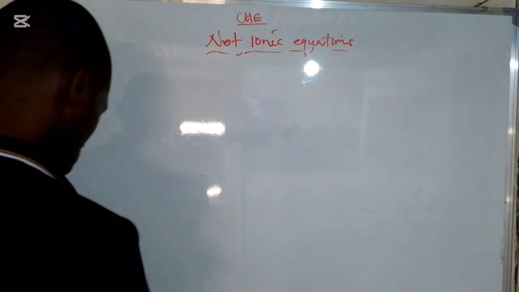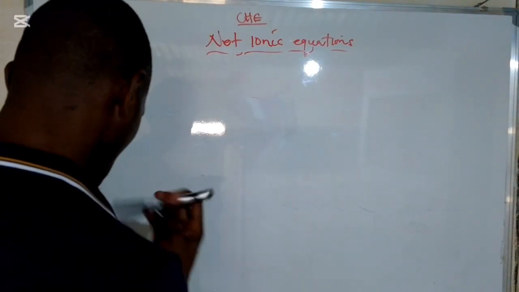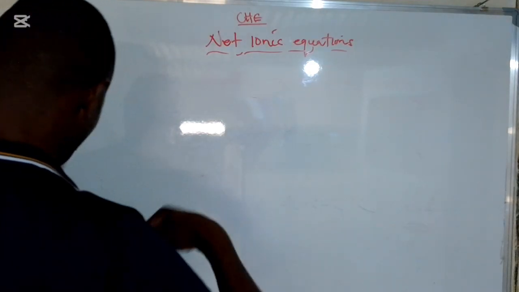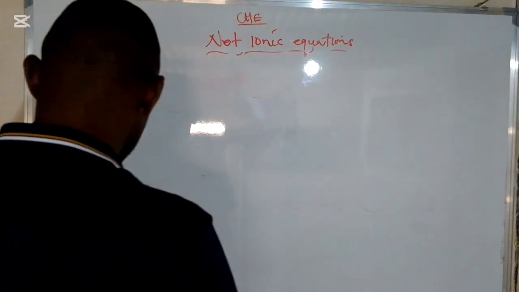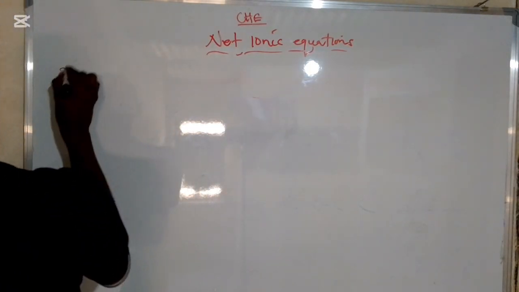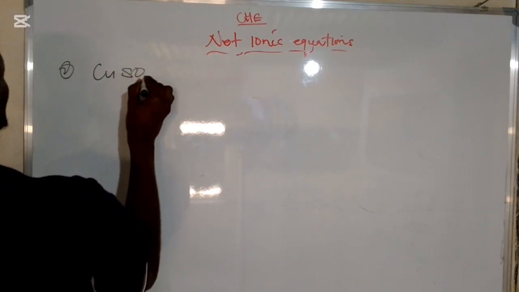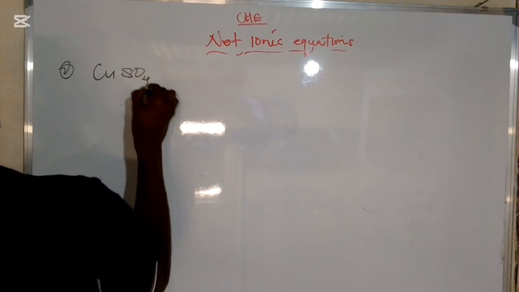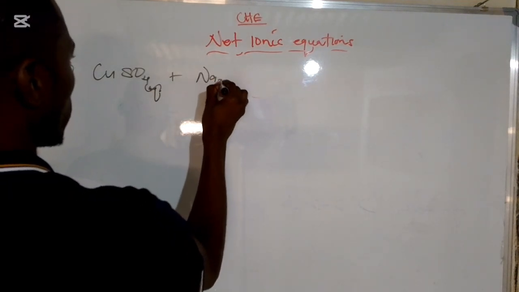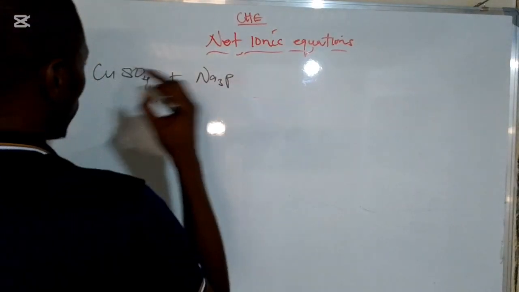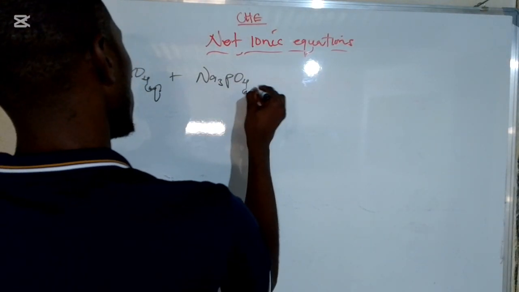Okay, so we look at this one, where we have copper sulfate, so number 2. We have copper sulfate, this is copper 2 sulfate in aqueous, plus sodium phosphate, also in aqueous.